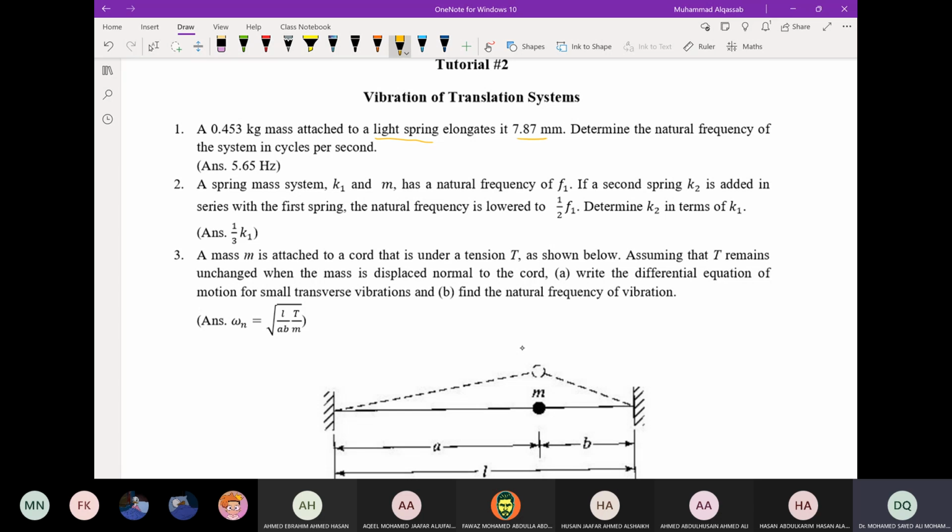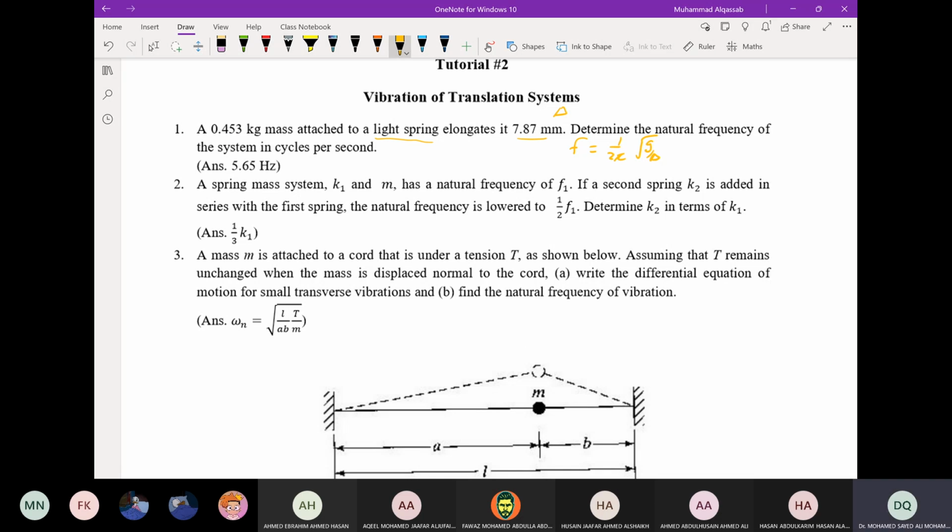So we take this as delta, and then we can find fn from the equation fn equals 1 over 2 pi square root of g over delta, without using the mass. If you want to use the mass, you have to find k first from the equilibrium equation, which is k delta equals mg.